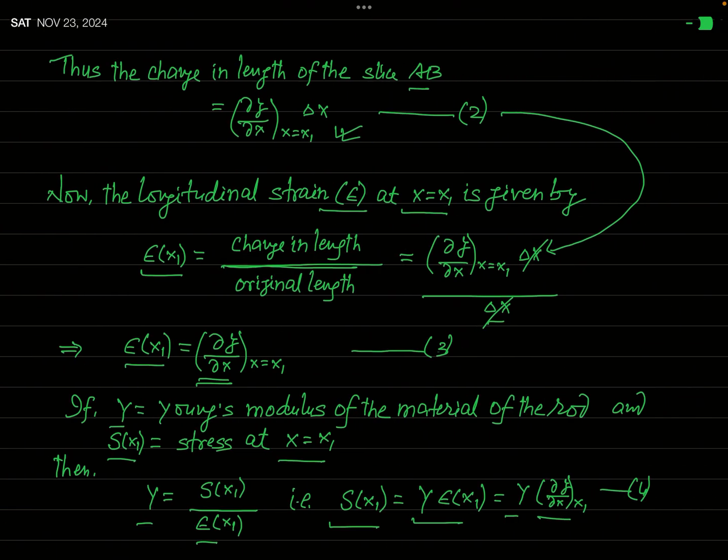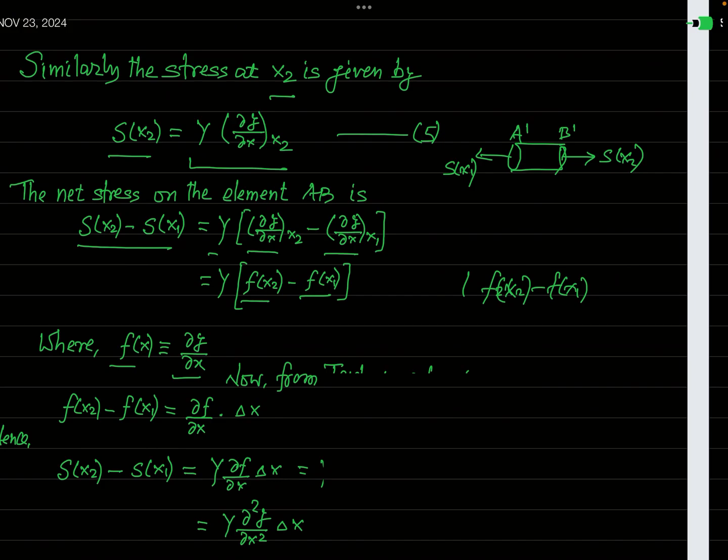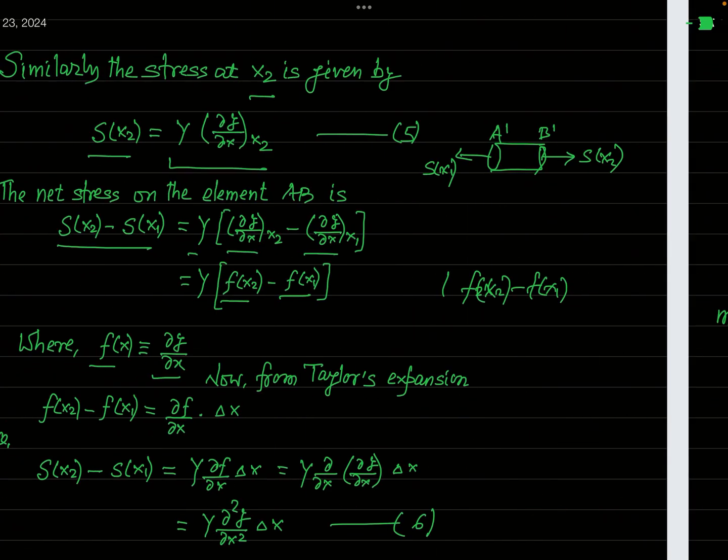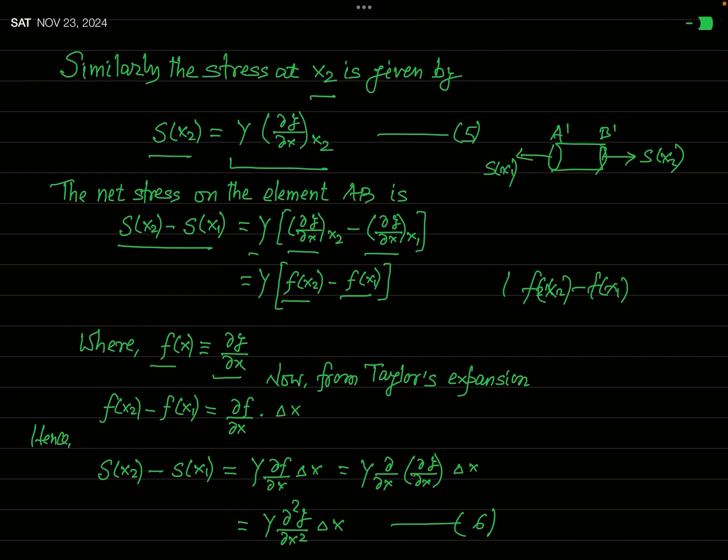So in the light of this result, using Taylor expansion in the first approximation, you can say that f of x2 minus f of x1 is simply equal to del f by del x times delta x. Okay, I think you have got it, because you have already learned this just now.